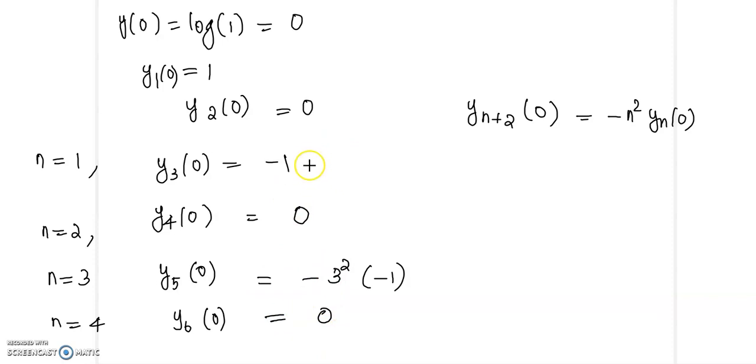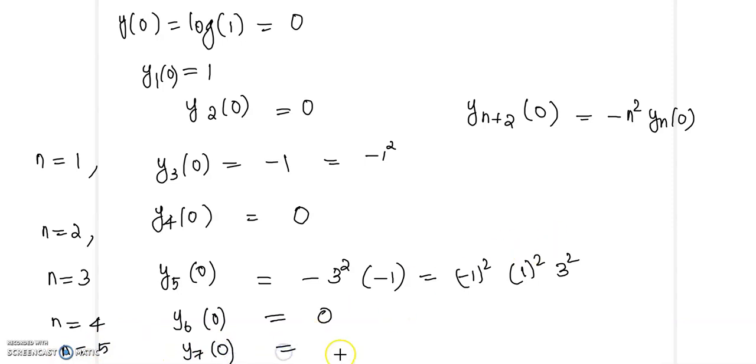So we can write y1 as 1, then y3 as minus 1, then y5 will be (minus 1) whole squared into 1 squared into 3 squared. Now let us look at y7 also. y7 of 0, when n is 5, is minus 5 squared into y5 of 0, so that is minus 1 whole cube, 1 squared, 3 squared into 5 squared.